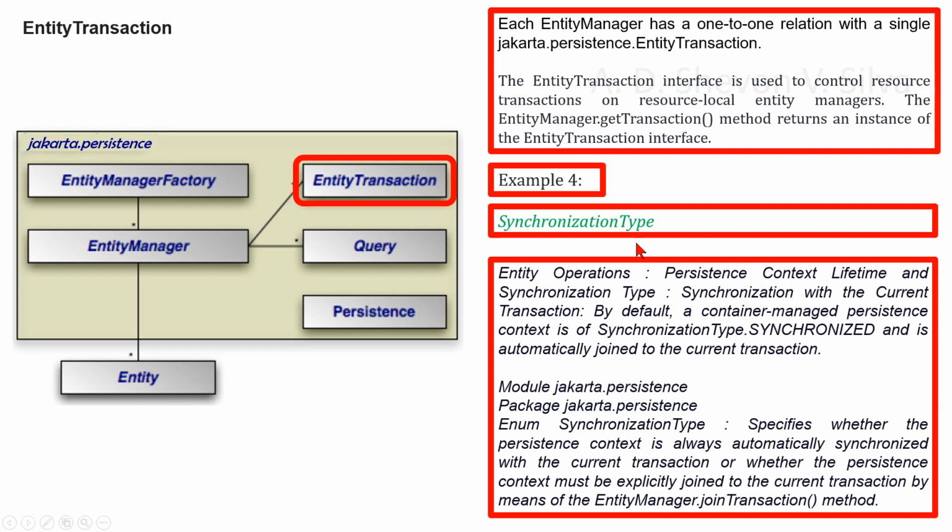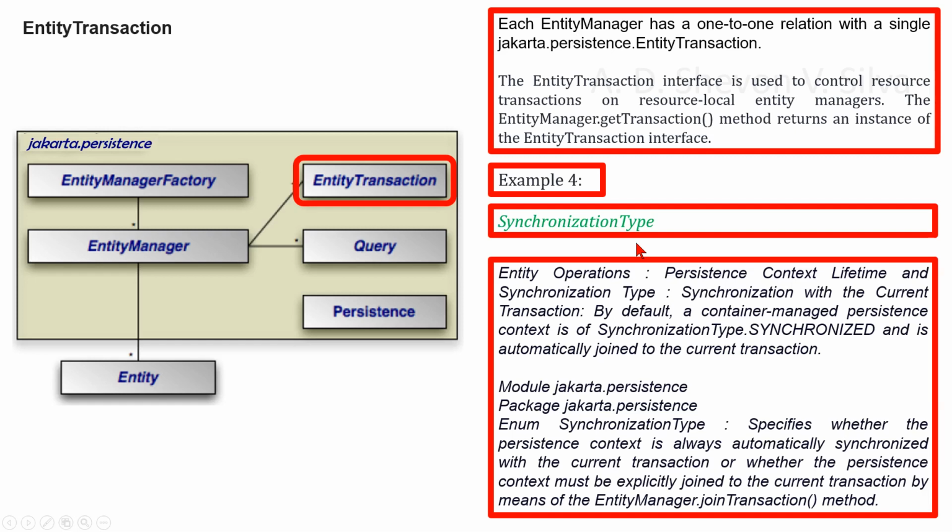By default, an application-managed persistence context associated with the JTA entity manager, and that is created within the scope of an active transaction, is automatically joined to the transaction. An application-managed JTA persistence context that is created outside the scope of a transaction, or an application-managed persistence context of type SynchronizationType.UNSYNCHRONIZED, will not be joined to the transaction unless the EntityManager.joinTransaction method is invoked.